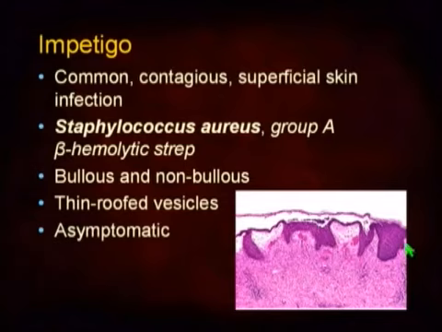And the histopathology here is just a superficial separation in the epidermis, which accounts for bullous impetigo. What you see are thin-roofed vesicles, and often they are already ruptured by the time the patient gets seen, and that's when they get that sort of honey-colored crust, which is one of the buzzwords or classic things used to describe the appearance of impetigo.